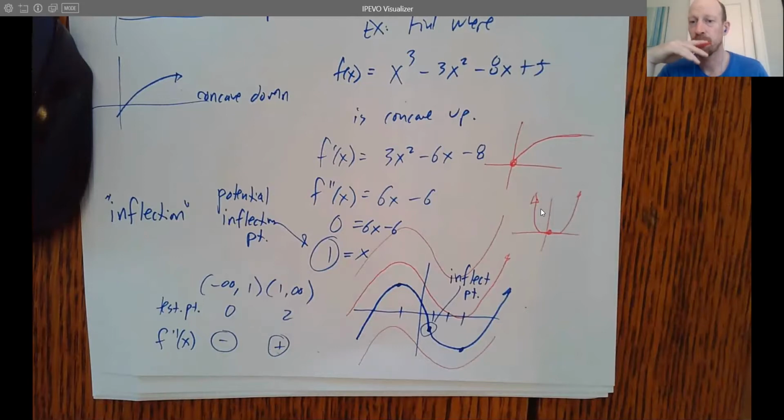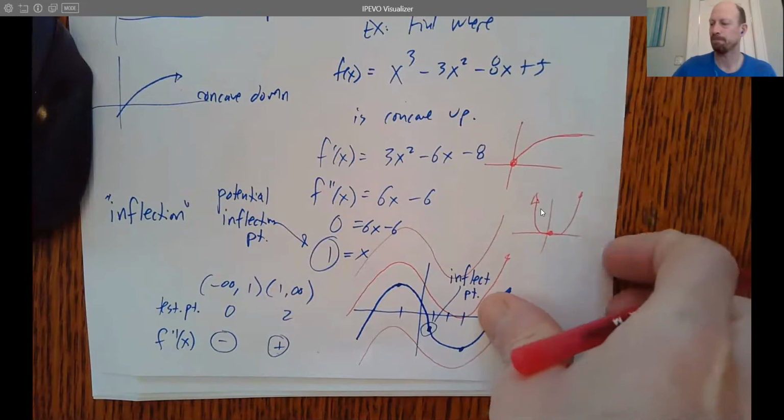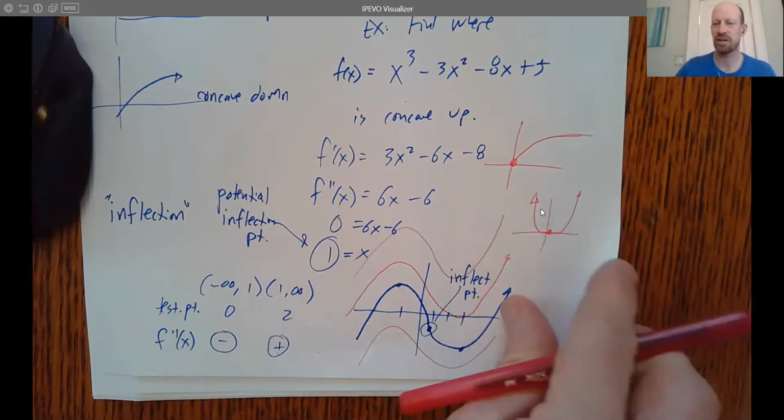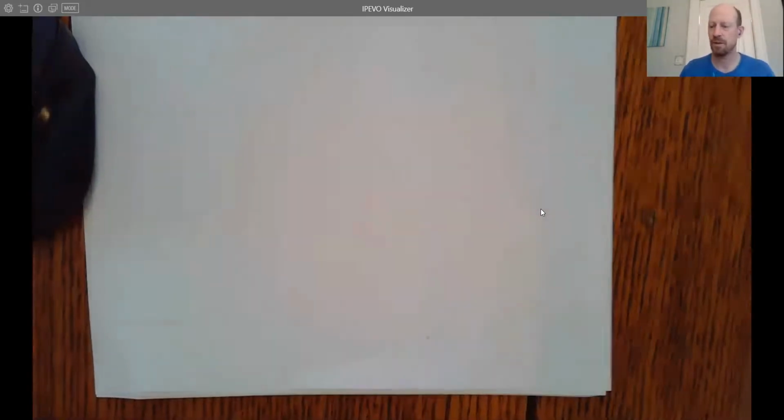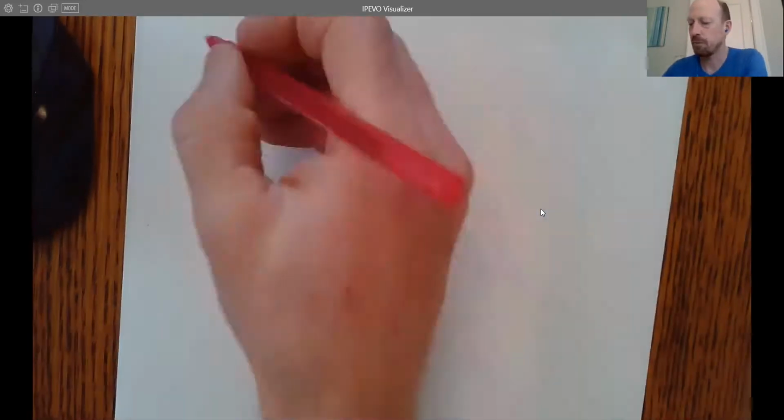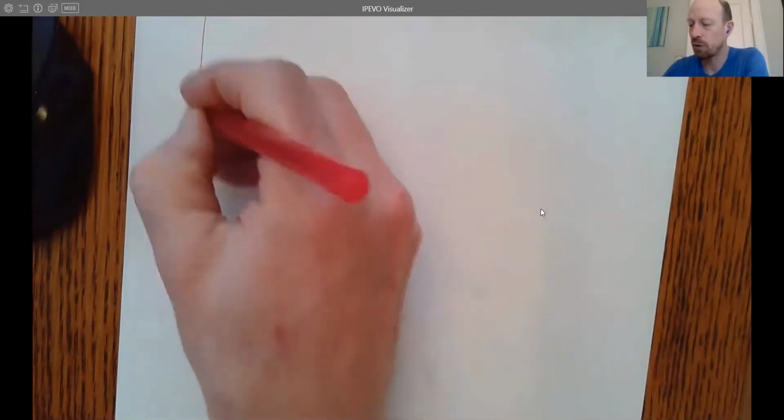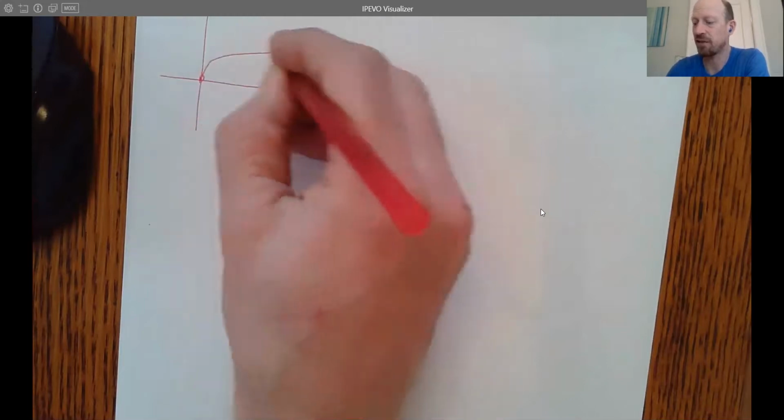Will the interval always be between negative infinity and infinity? That's a good question too. Not necessarily. So let's talk about that. Certainly you could have a square root function, like I saw in that case.